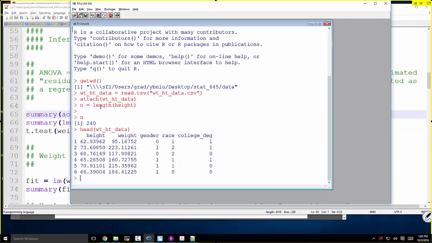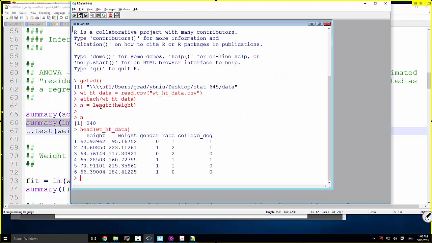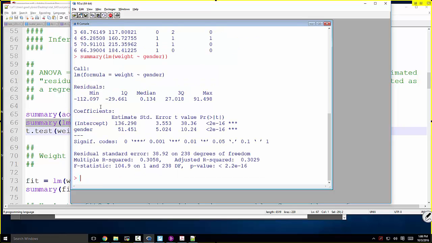Let's look at, first, the linear regression model, lm for linear model, treating weight as the response and gender as the predictor. If I fit that model and ask for the summary of it, I get regression estimates. Here's beta 0 hat, here's beta 1 hat. Here's the SD of beta 0 hat, SD of beta 1 hat.